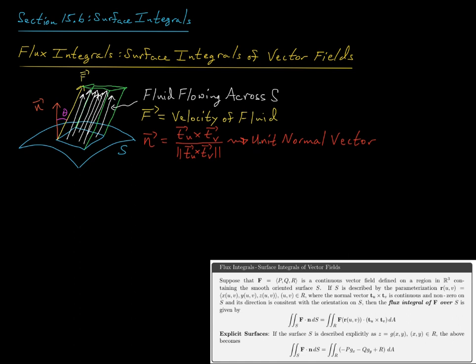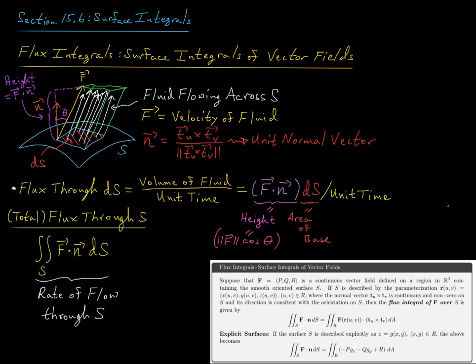That's going to give us a unit vector in the normal direction to the surface. And then if I take the scalar projection of F onto that vector, that's going to give me the height of the box. Okay, now what's the area of the base of the box? Well, that's just dS, right? That's just going to be the differential surface area element.